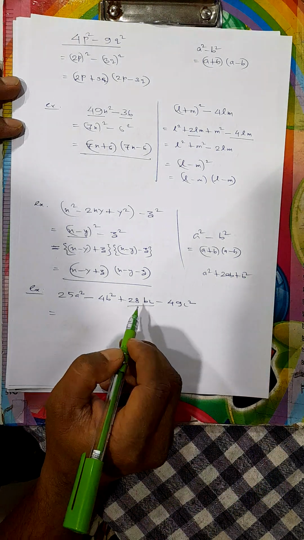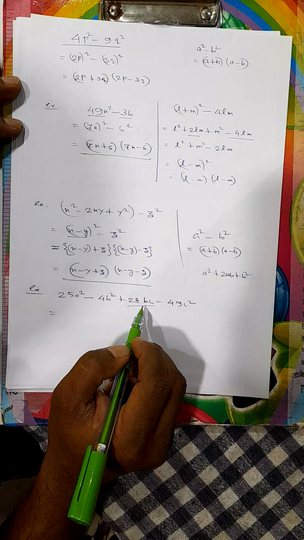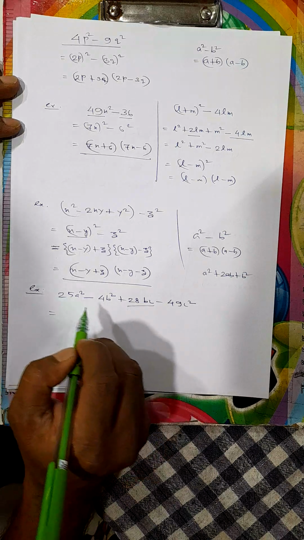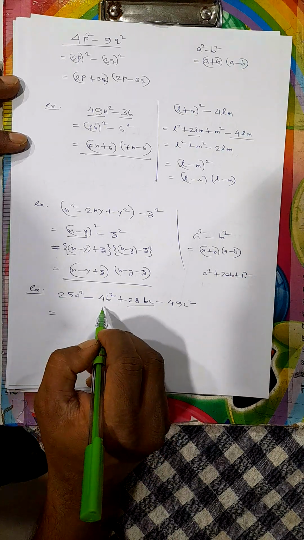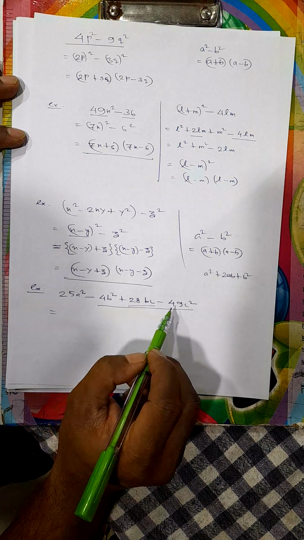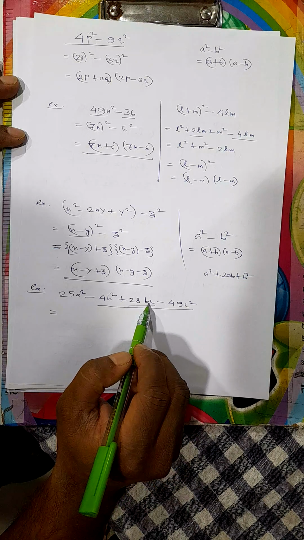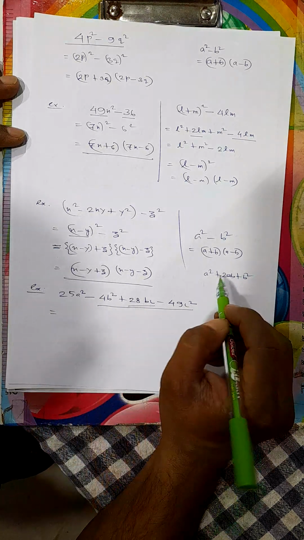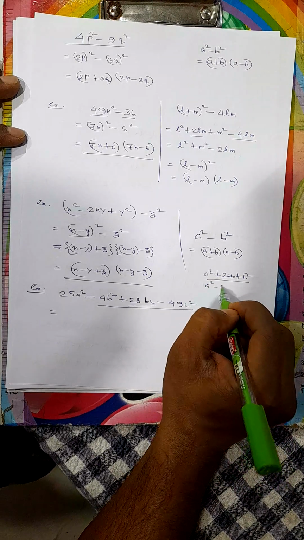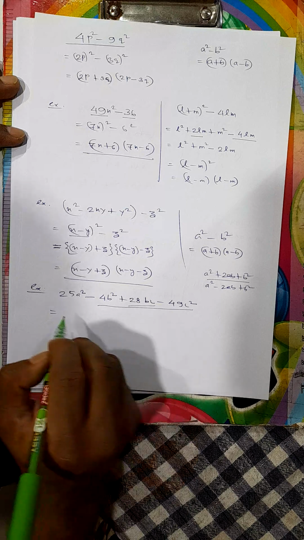So let us treat this as twice ab. Let us group these three terms together. Why? Because the perfect squares contain b and c, and the middle term contains bc. So we can convert this into a format like a square minus twice ab plus b square. So let us try to group them together.